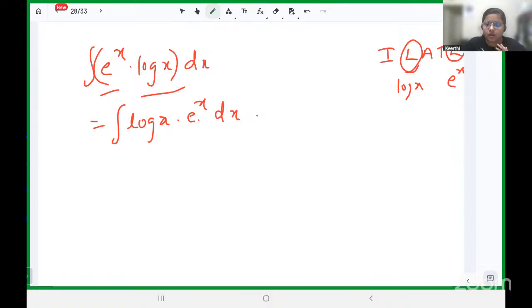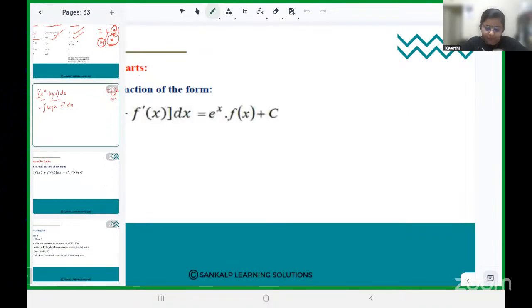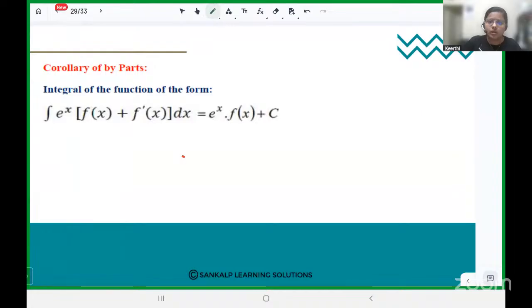All right. So moving on to the next part, it is like a sub part of that form, that is the integration by parts method. That is, integral of e raised x into f of x plus f dash of x dx is equal to e raised x into f of x plus c.